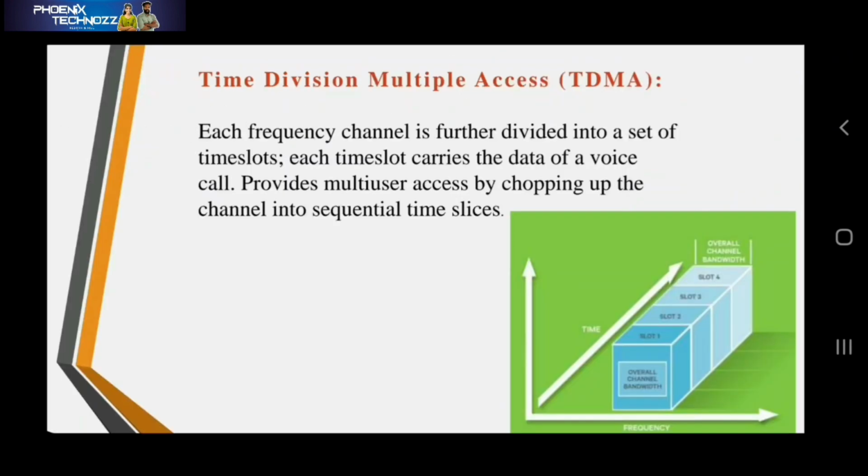Next, we will see what is time division multiple access. It is also a multiple access scheme which is used in shared medium networks. Here, different users share the same frequency channel or same communication bandwidth by dividing the signal into different orthogonal time slots. That is, each user can use the entire bandwidth, but for different time slots or different time durations.